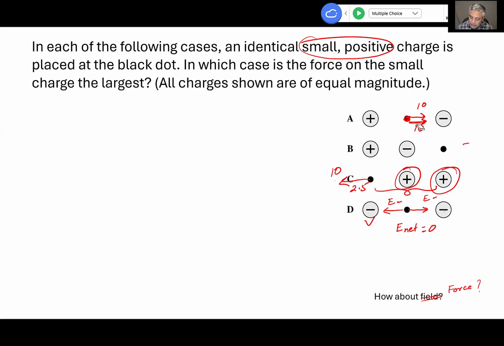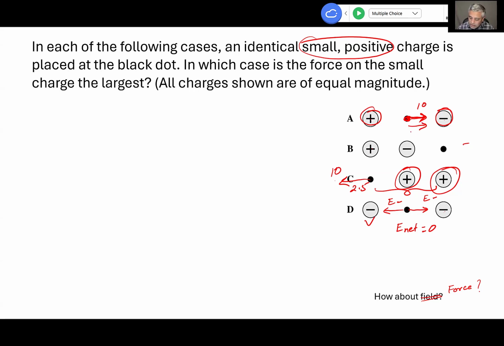So this positive, and there is, let's say, it's pushing that away because similar charge they repel. So that means we can say, okay, that is 10. And now this one is negative. So it's going to attract the positive charge. So that means it's also going to be pointing same way.